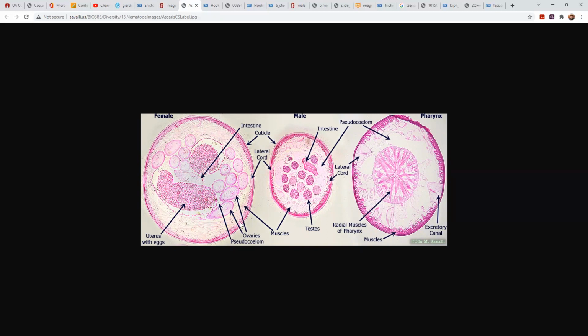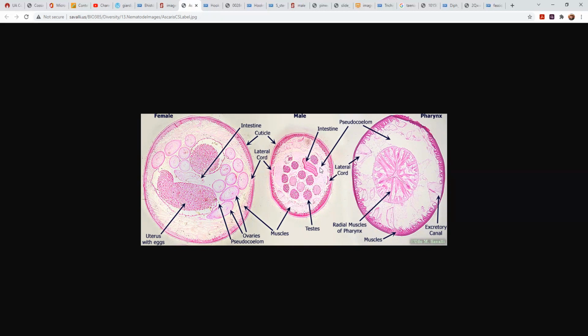So when you look at the female, there are hundreds of eggs within the two uteri here, and then we see the intestine. In the male, we see multiple testes, so not just the two that we find in humans. And again, the muscles go around the outside here.